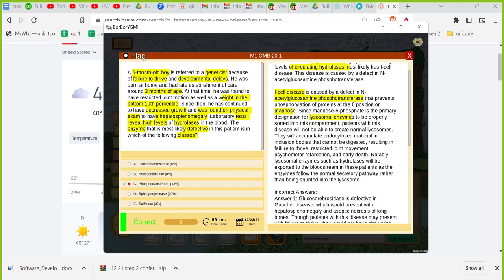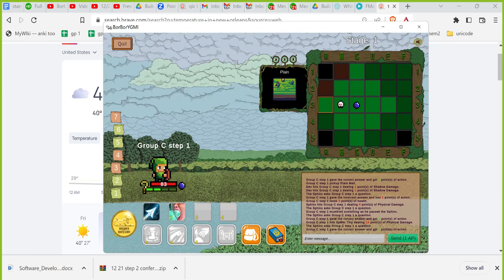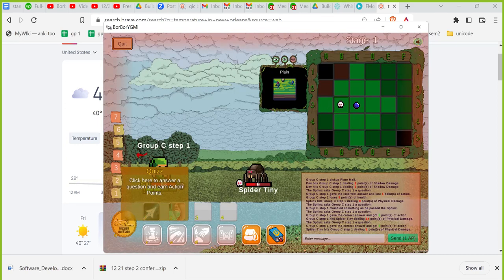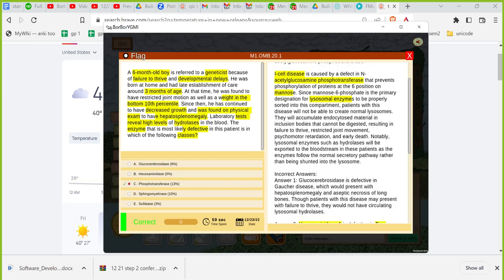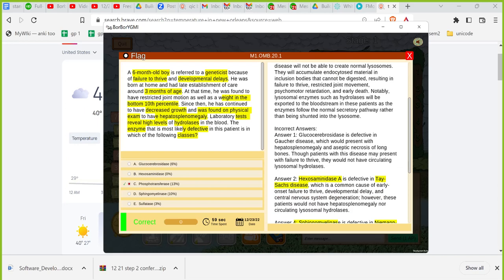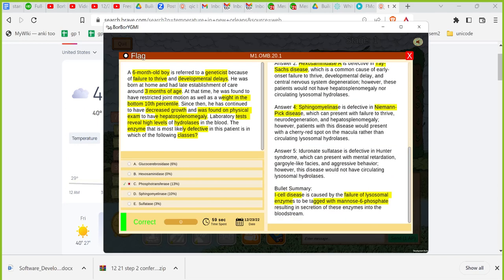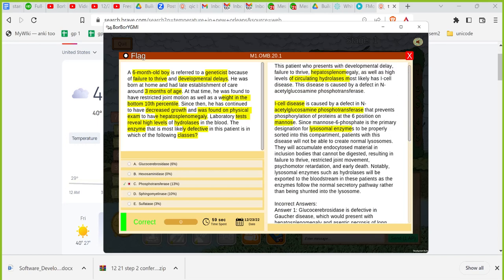I want to say there was another finding very commonly discussed for I-cell disease. I would look at your First Aid and see if there's something in bold concerning I-cell disease. I think there's a pathognomonic detail, outside of the mannose 6-phosphate, that you want to commit to memory.